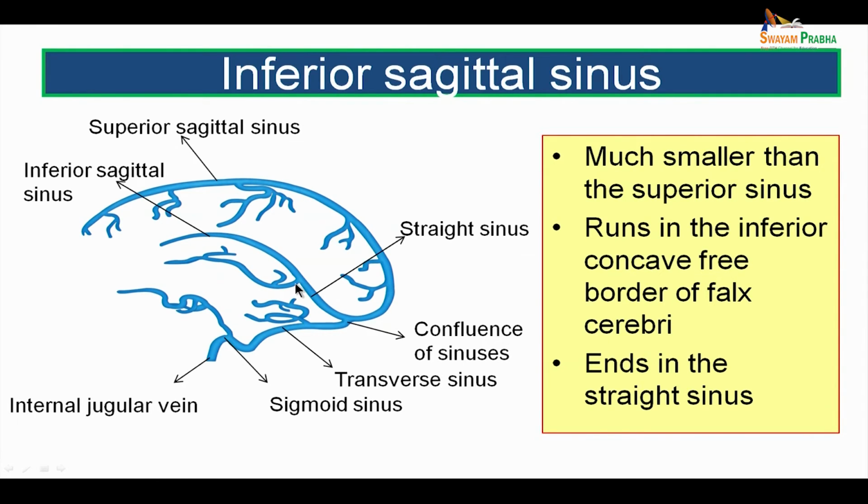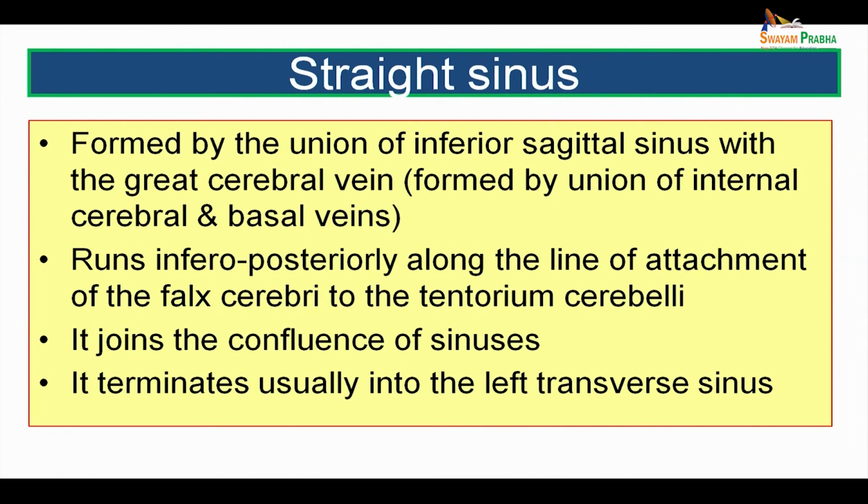So, the inferior sagittal sinus is much smaller than the superior sagittal sinus. It runs in the inferior concave free border of the falx cerebri and it ends posteriorly in the straight sinus. The straight sinus is formed by the union of the inferior sagittal sinus with the great cerebral vein of Galen.